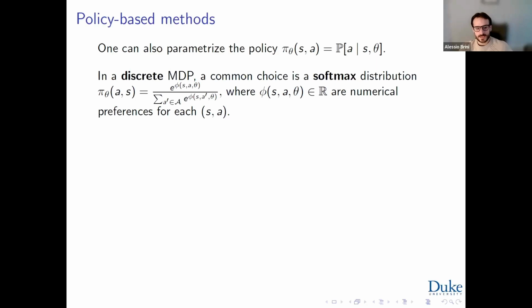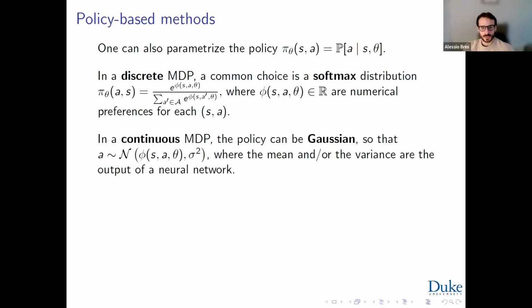There can be two cases. Where you want to parameterize a discrete distribution, you can use a softmax function. So you can express numerical preferences for your actions, and then the softmax function is going to give you the distribution of your policy.